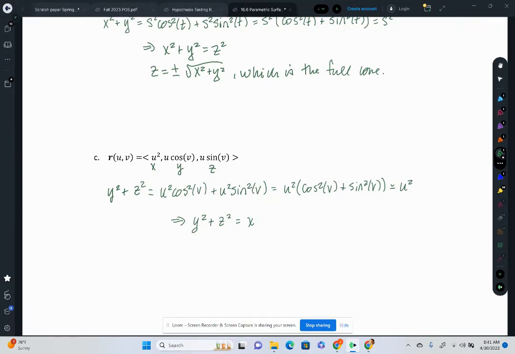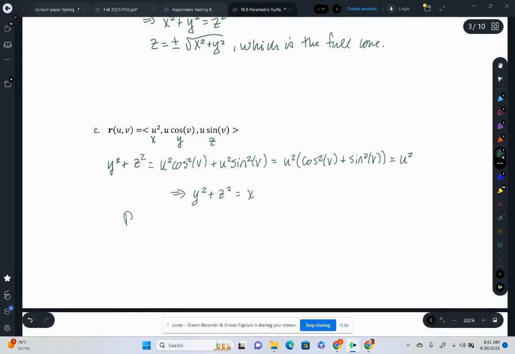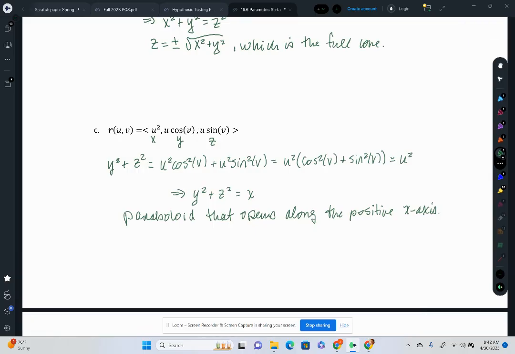Okay, this looks like it is a paraboloid. So this is a paraboloid that opens along the positive x-axis.